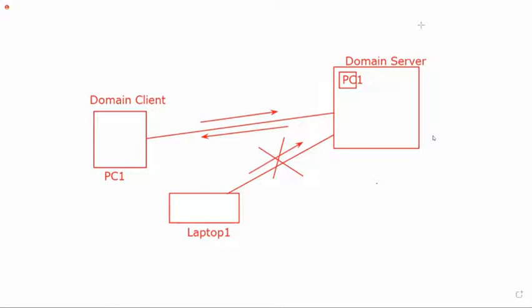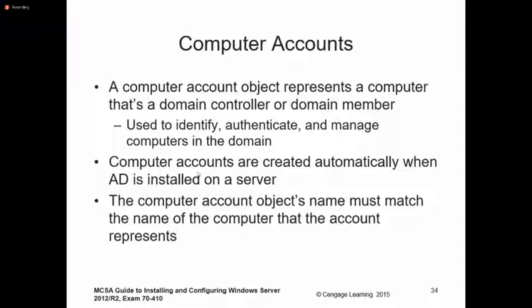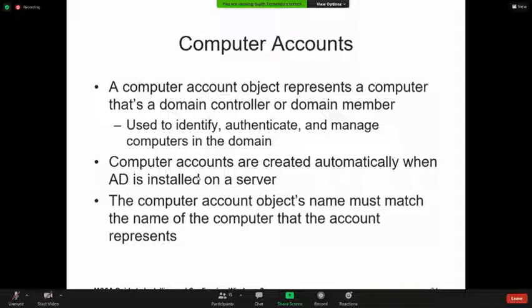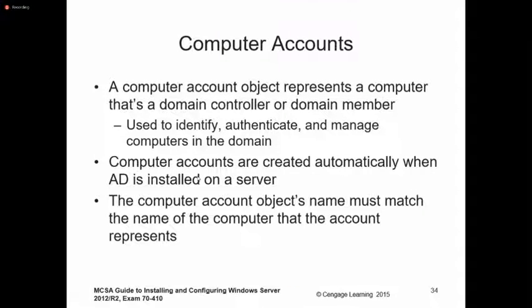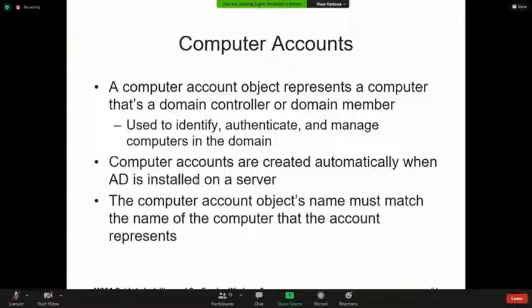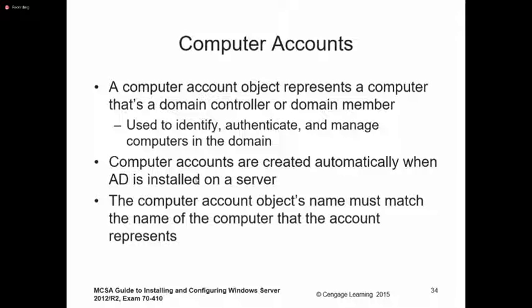It will just discard it. Say you added the client computer to the domain, so it has a computer object with the computer name. If you delete that object from Active Directory, then that client computer is not actually in the domain.